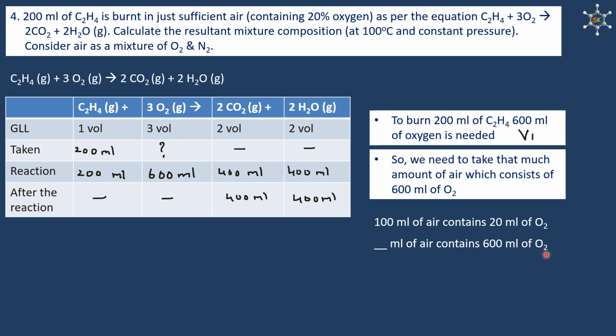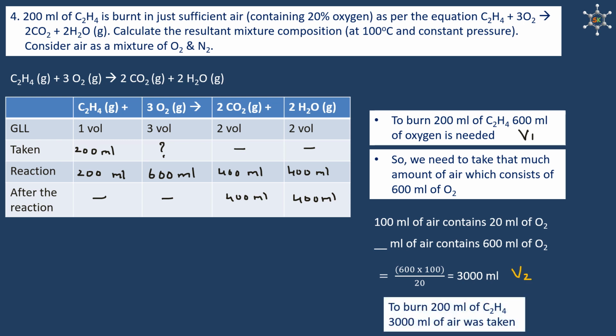Again, we have to use the unitary method here. Answer is 600 multiplied by 100 divided by 20, that is 3000 ml of air. In other words, 3000 ml of air contains 600 ml of oxygen. This 3000 ml is nothing but V2. So, to burn 200 ml of C2H4, we need to take 3000 ml of air.